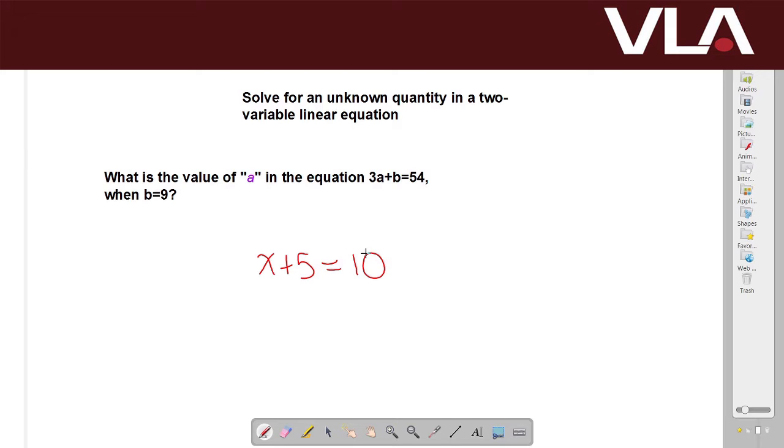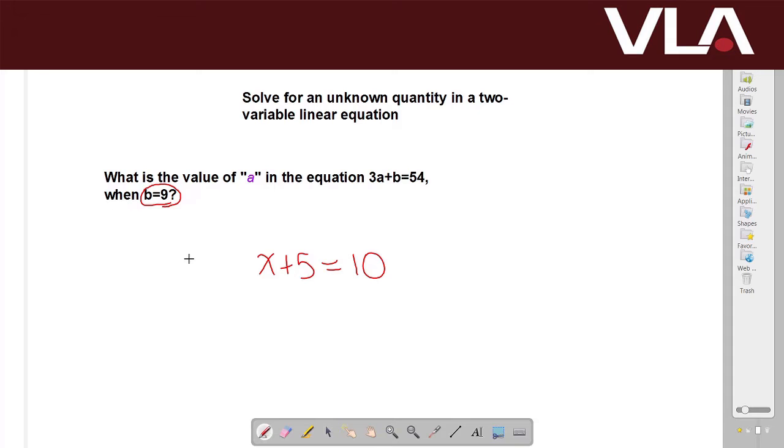So that's what we're used to, and this is a one-step algebra expression, and you would solve that just to get x. In this case, what's new is now we have two variables. We have an a and a b, so we just can't do our steps to get our answer. There's a couple things we need. And one of those things we need is the actual value of one of the variables.